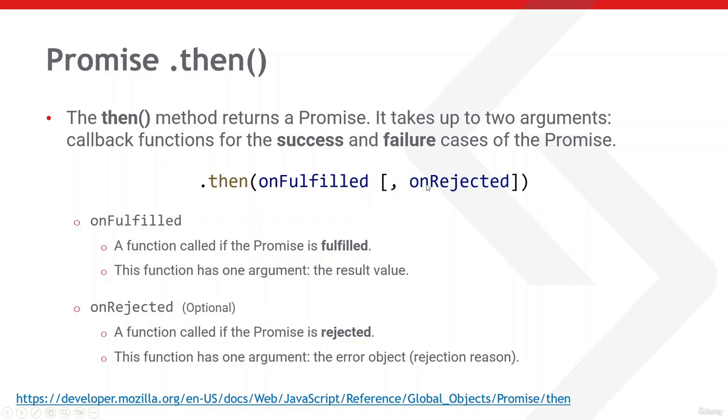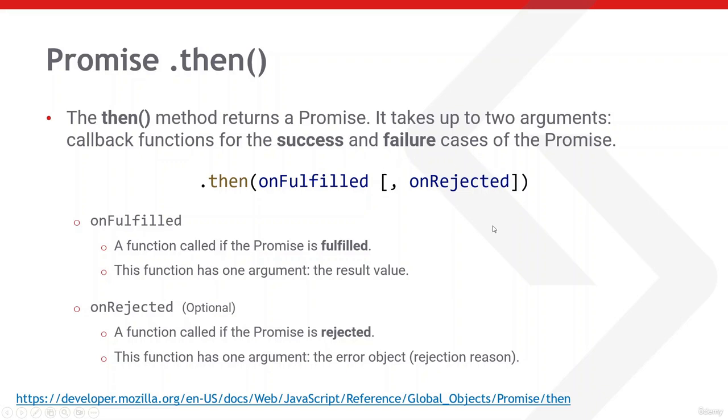This then method could have a second callback function, which would be the event on rejected. Whenever it fails, I would call back this second function, and with that I would send also one argument, which is an error object, which is the reason for the rejection. However, usually we don't use this second callback function.